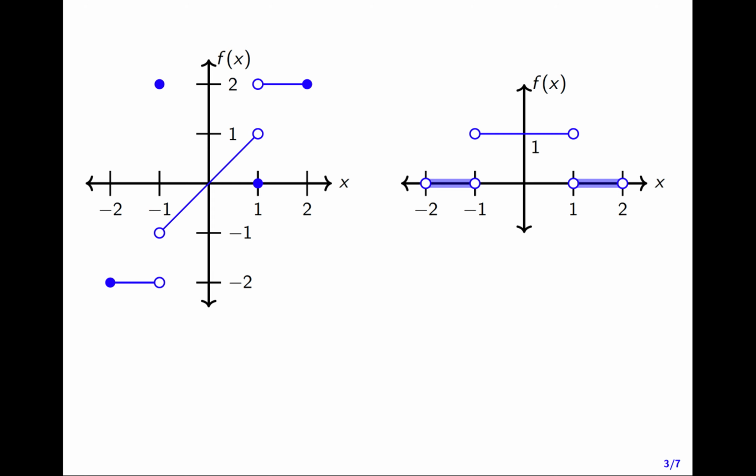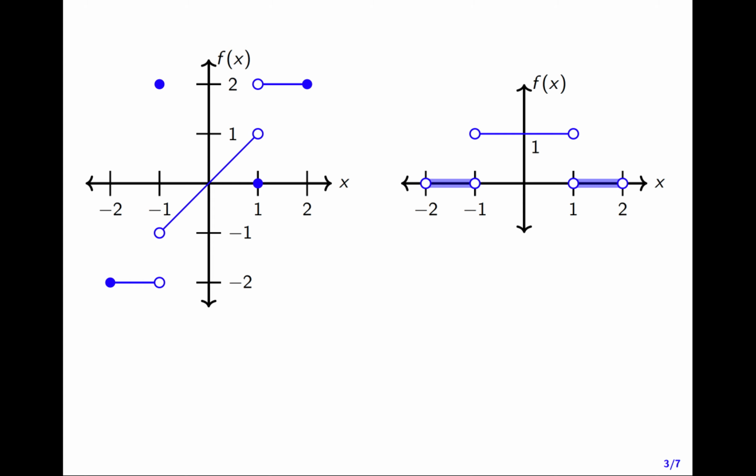And so f has some jump discontinuities at minus 1 and at positive 1. So f is discontinuous at minus 1, 1. Certainly f won't be differentiable at minus 1, 1.